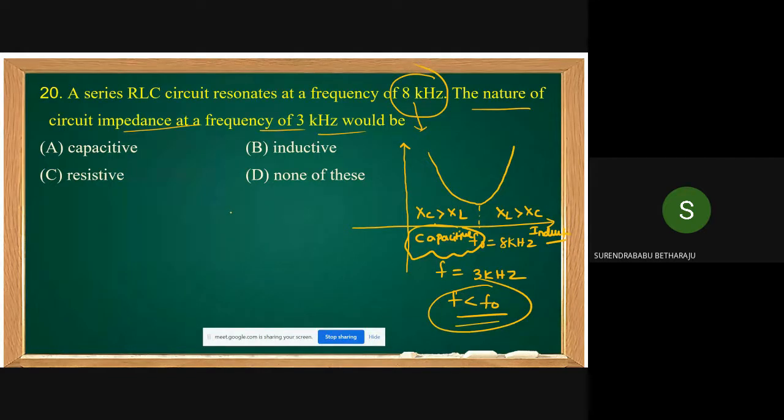That's why option A is correct, because the given frequency is less than the resonating frequency. In a series RLC circuit, for low frequency, capacitive is more dominant; for higher frequency, inductive is more dominant. That means for 3 kHz frequency in this circuit, does current lag the voltage or lead the voltage?